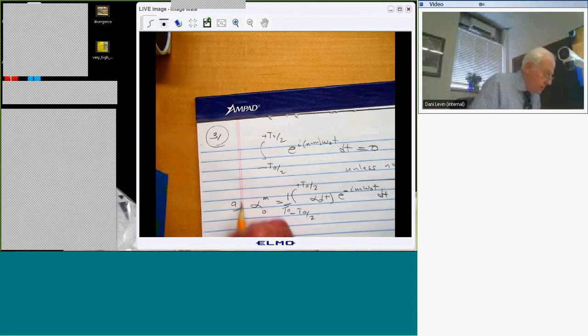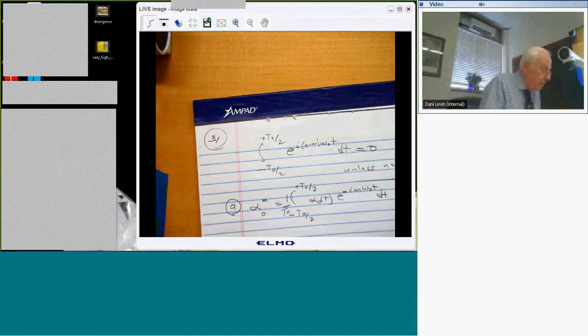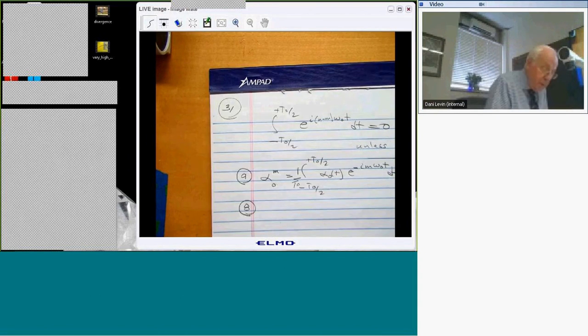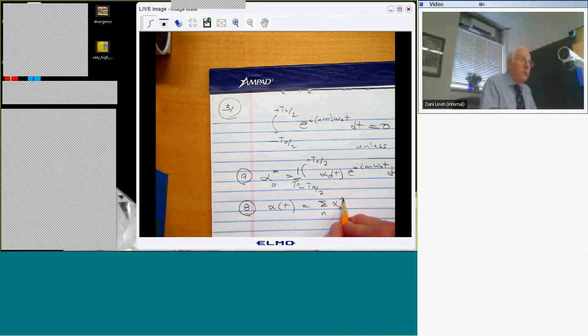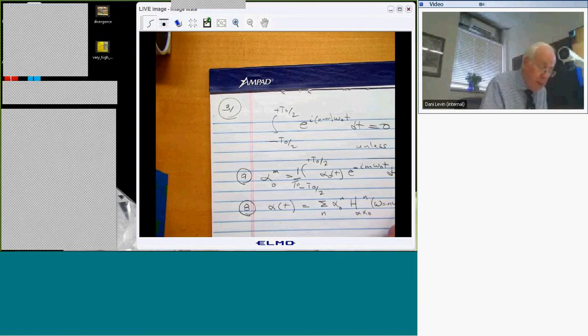Okay, so let me sum up where we are at the moment. We have equation 9. We also have equation 8. Let me remind you what that looks like. Equation 8 was what we sought. Alpha as a function of time is this summation over all n of alpha naught n, which we now know from the above equation, times the transfer function, which is what we got from looking at simple harmonic motion, and then, of course, our factor e to the i n omega naught t.